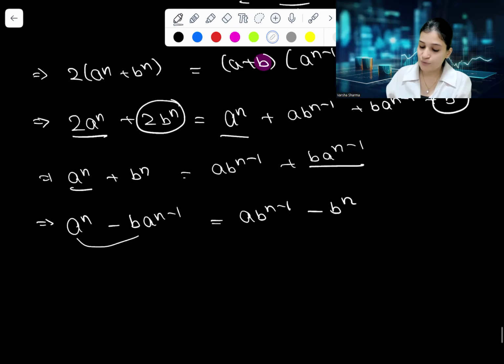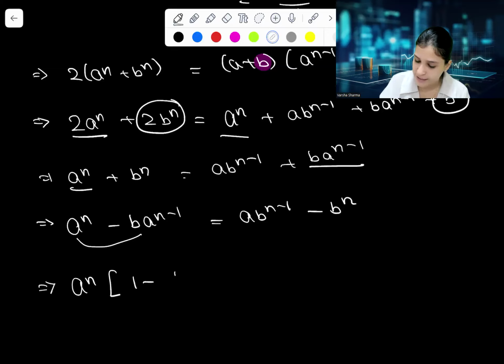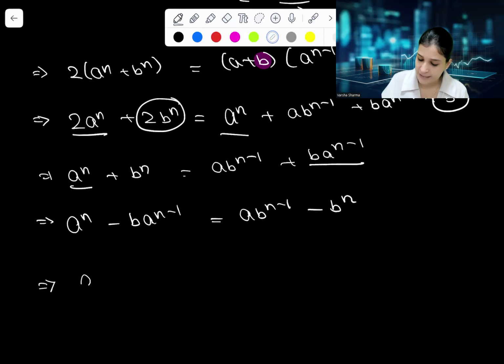Now, in these two, what can I take common? Okay, you can take a^n or you can take a^(n-1), whatever you feel comfortable. So if I'm taking a^n, I'm left with 1 minus b a^(-1). Agree? Or before doing this, we can write a^n by a.